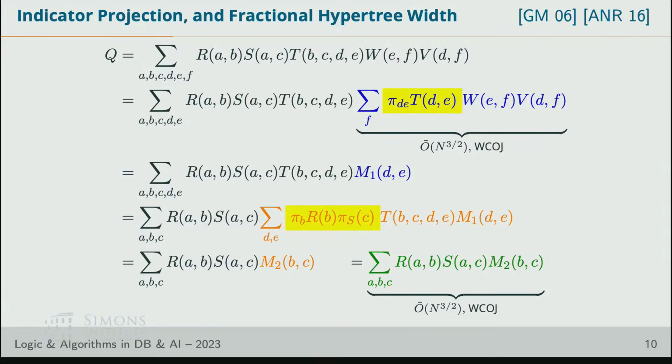It's a relation with three columns. And yeah, so basically the width of this query is going to be 1.5. It's called the fractional hypertree width. And the same idea works for conjunctive CSPs. That came from the paper by Grohe and Marx.